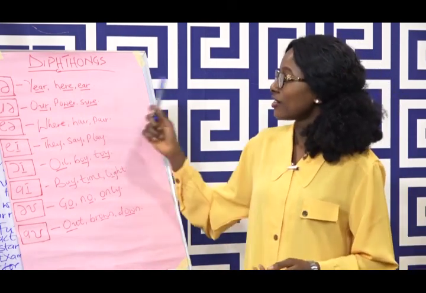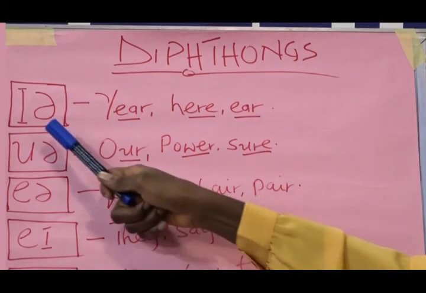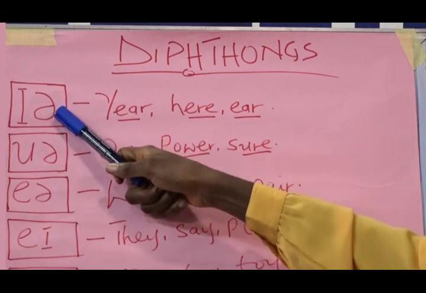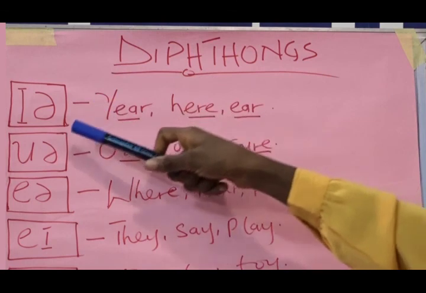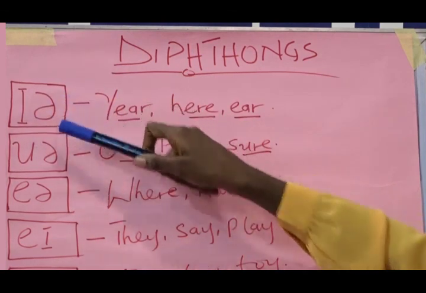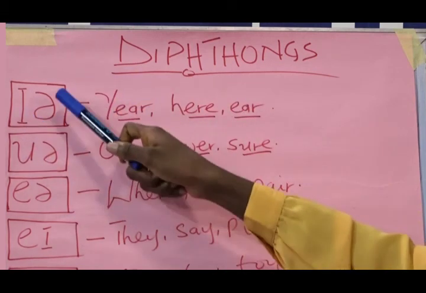Now, for this sound, this is a combination of I and this sound. When you are producing them, you have to glide from this to this.